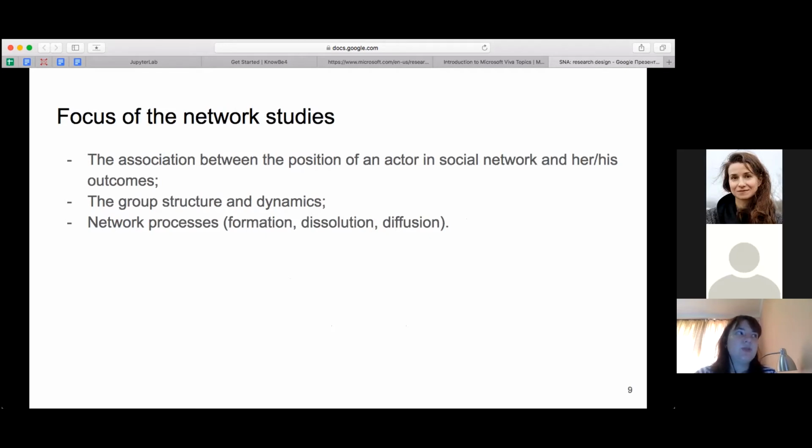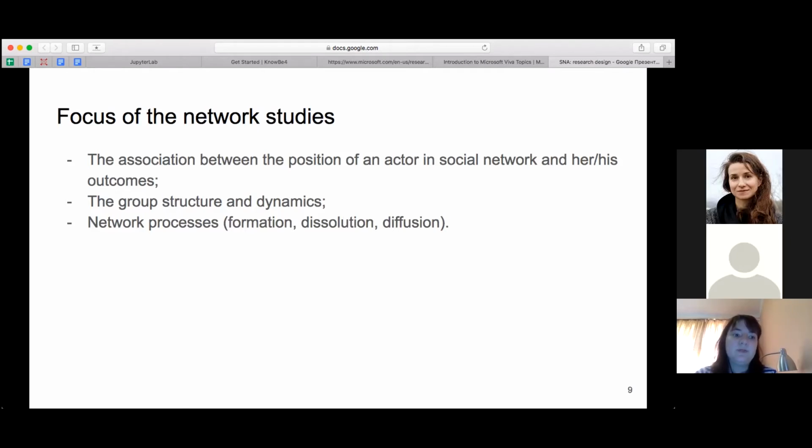What do scholars usually study when they study networks? There can be a very long list of potential research questions, and I put here only 3 of them, but each of them is very rich. One of the directions that is very popular in very many areas is the relationship between the position of an actor in social networks and his or her outcomes.